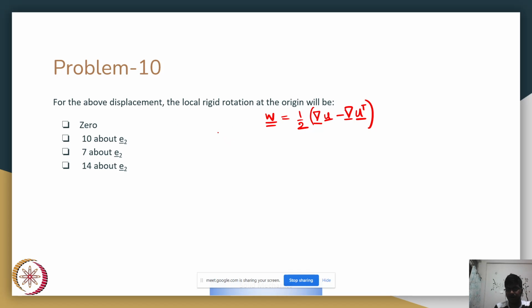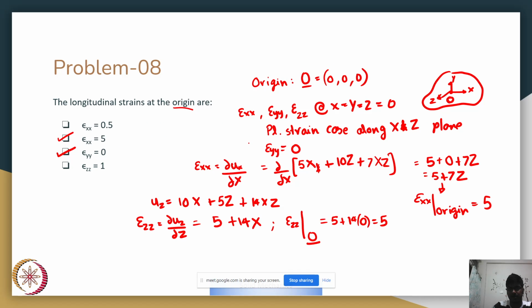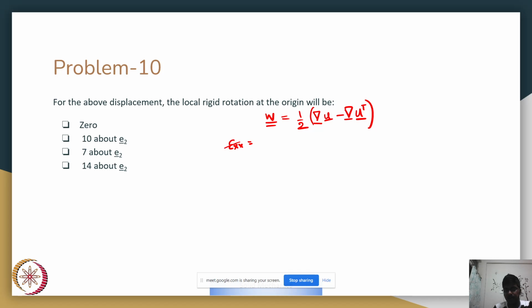And we already know a few things. We know that epsilon xx, as we calculated, is... this is a skew symmetric matrix, right? We need to now check what the off diagonal components are.